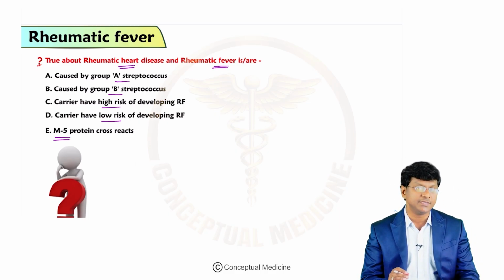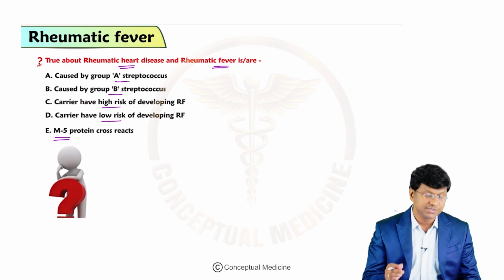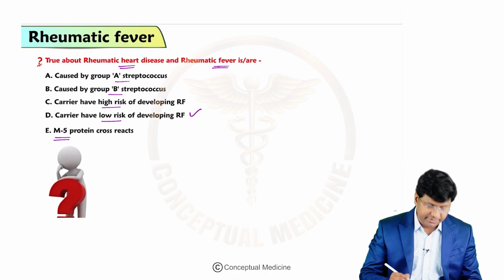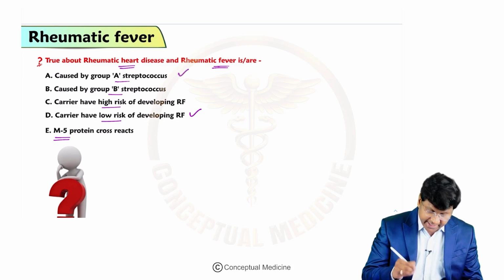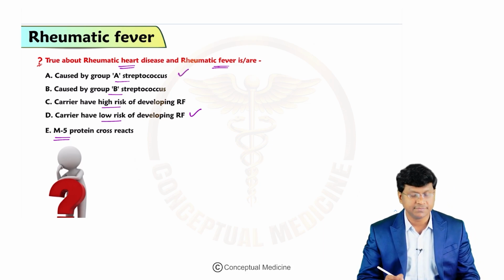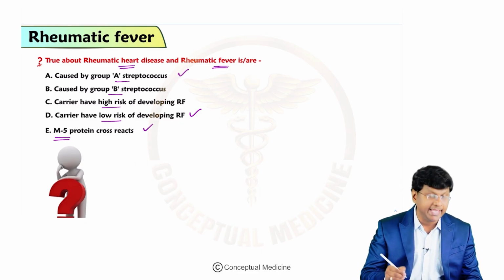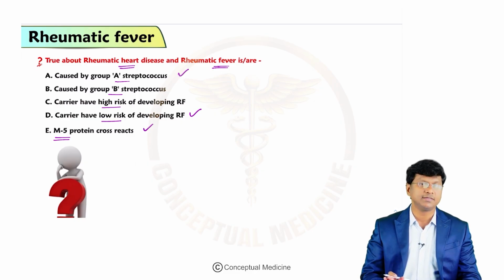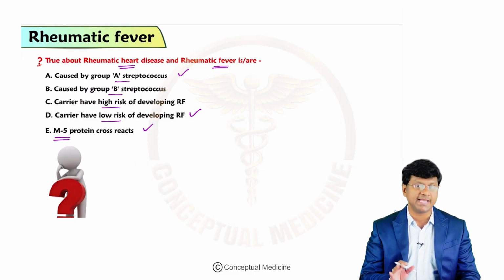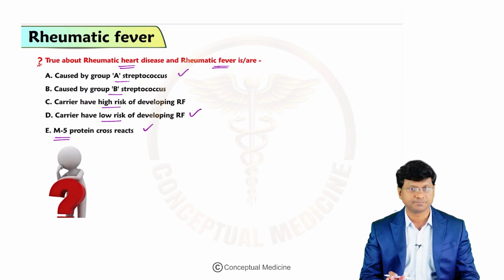Carriers have low risk of developing rheumatic fever, it is caused by group A beta-hemolytic streptococci, and M5 protein cross reacts. These are the correct options for this question.